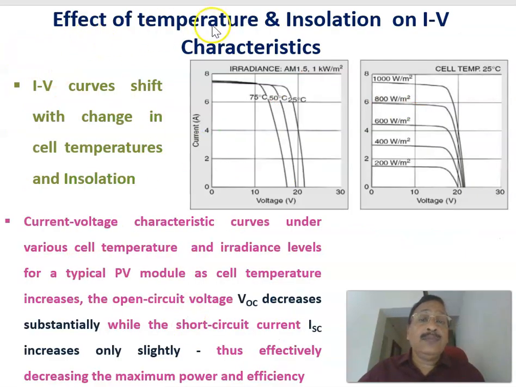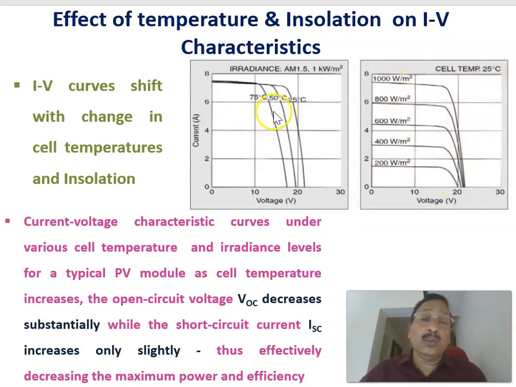Now let us see the effect of temperature and insolation on IV characteristics. Already I have explained the effect of insolation: as insolation reduces, the current voltage characteristics shift and the short circuit current reduces. This is the IV characteristics corresponding to variation in insolation, and in this case we have kept the temperature at 25 degrees centigrade under standard testing condition.